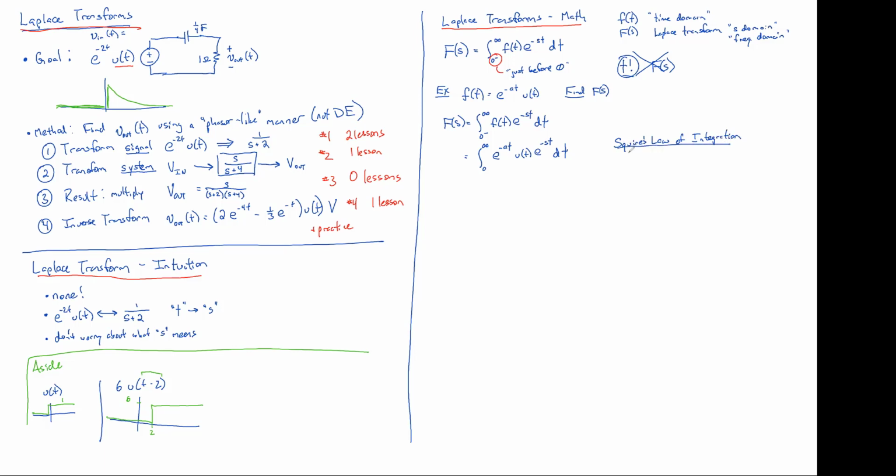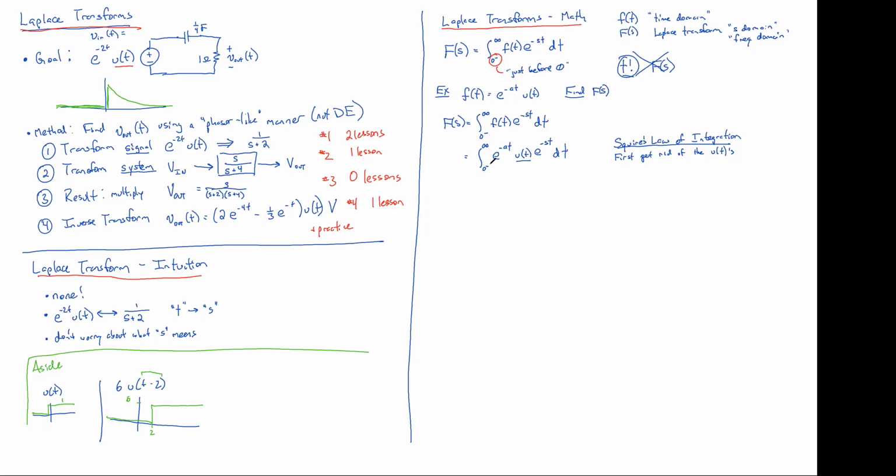And the rule is, if you have anything with u of t's, first get rid of the u of t's. That's the whole law. So we need to get rid of this u of t. How can we get rid of that?